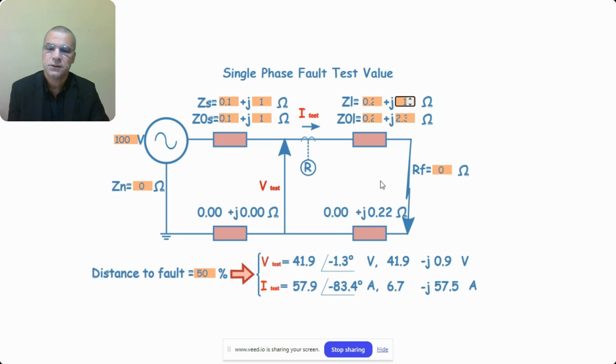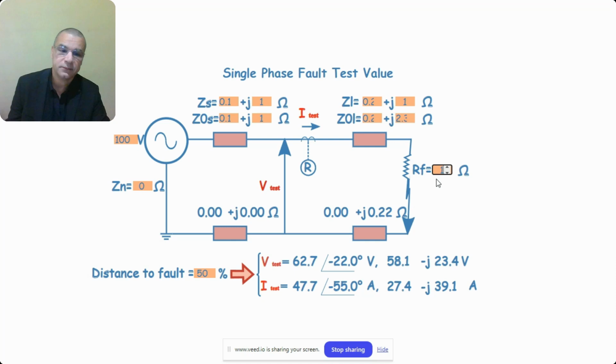You've got the RF that you can change as well. If the RF increases, obviously the current would decrease, as you can see, and the voltage would increase. So let's put that back to 0.